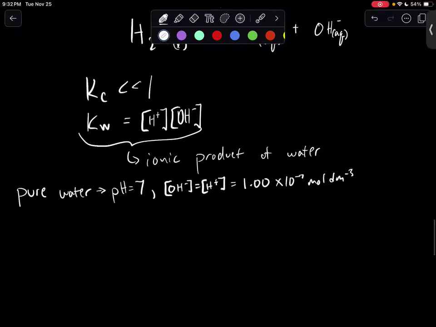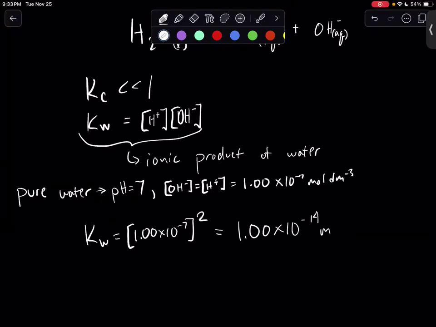So because of that, we can now calculate the ionic product of water as just 1.00 times 10 to the minus 7th squared, as our H plus and OH minus concentrations are equivalent, which means it's 1.00 times 10 to the minus 14th mole squared decimeter to the 6th inverse. And that is the actual representation of our ionic product of water.